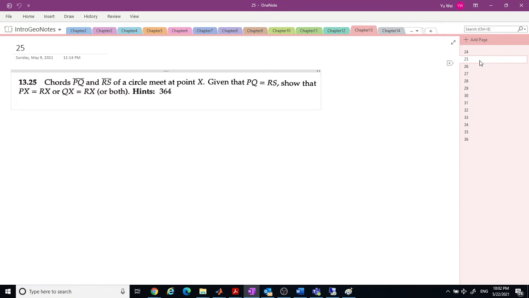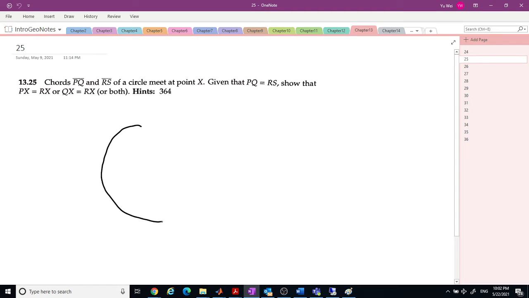So, chords. Now let's see. Chord PQ equals chord RS, okay? And they meet at the point X. PQ and RS, these two chords are equal, right?